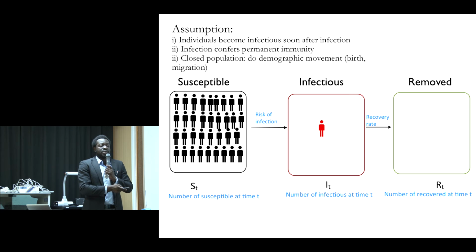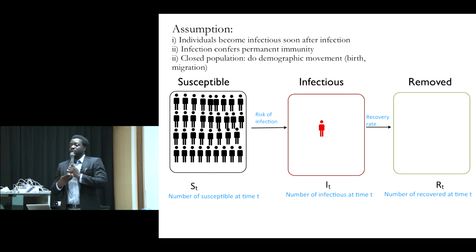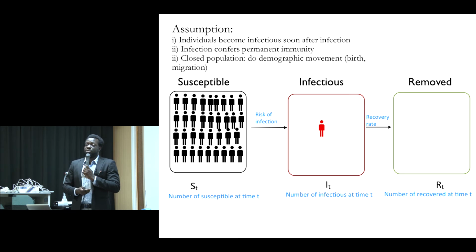S_t is the proportion or number of susceptible at time t. Time can be 1 day, 2 days, in terms of days, or in terms of weeks, or in terms of years. So you need to decide about the time step you're using.